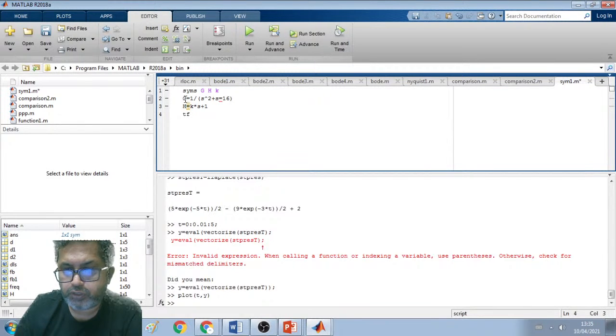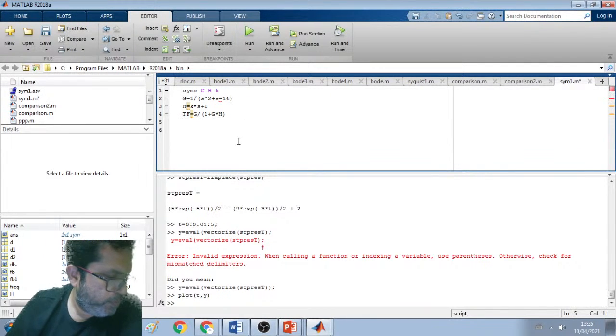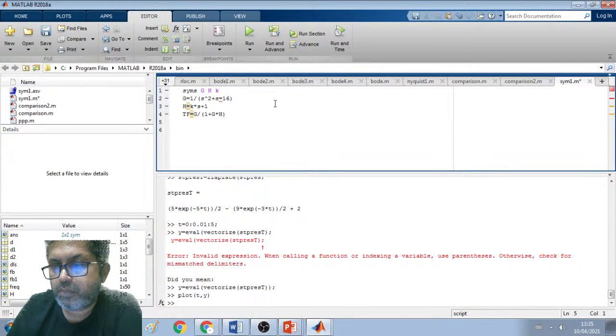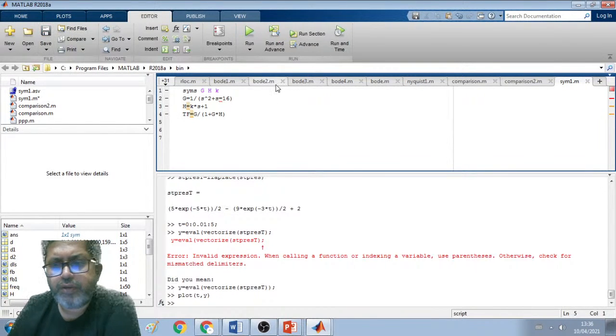Transfer function TF is equal to G divided by 1 plus G star H. So you will save it, then run this one.